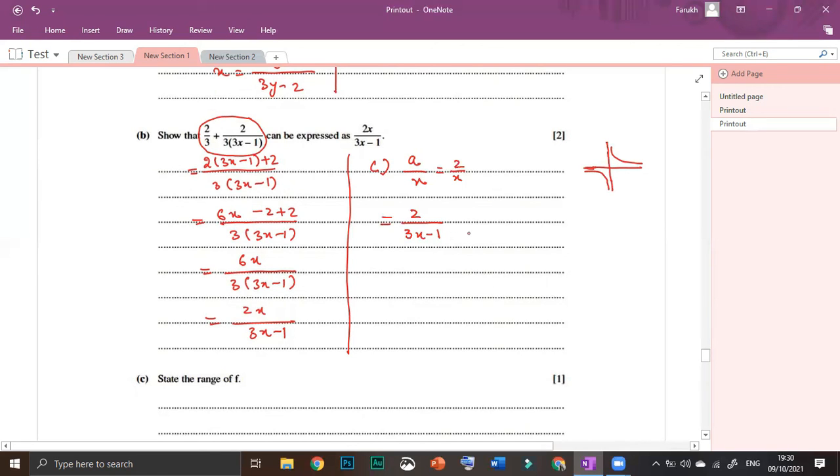When we put 3x minus 1 equal to 0, we will get x is equal to 1 by 3. x is equal to 1 by 3 is the asymptote of this graph, and the shape of the graph is the same. This one.